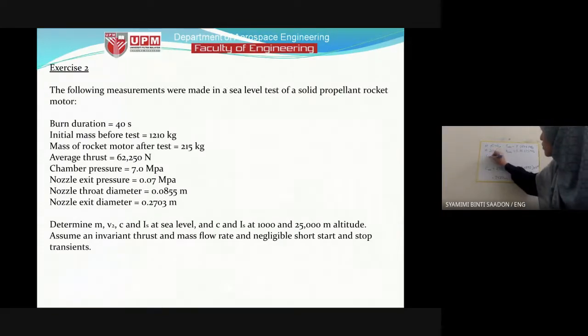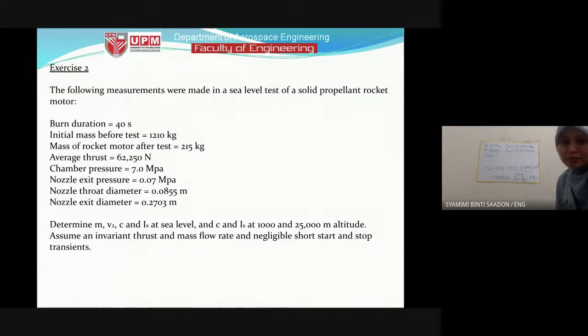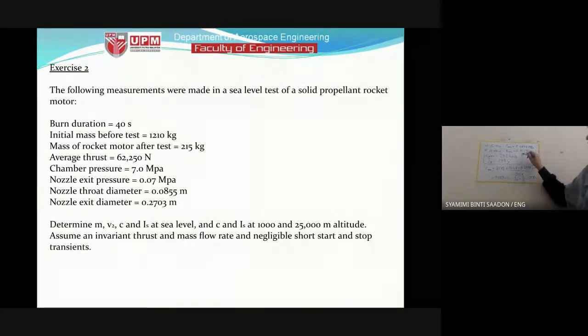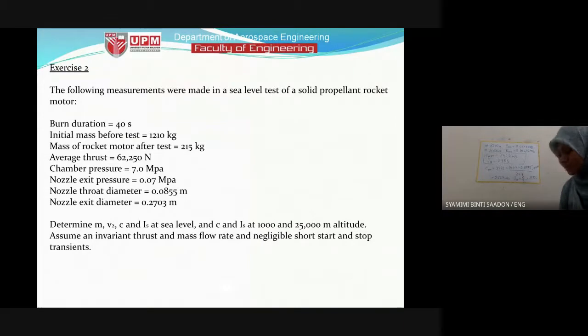After calculation, C at 25,000 is around 2,700 meters per second, and I SP at 25,000 this time is a bit different, 278 seconds.